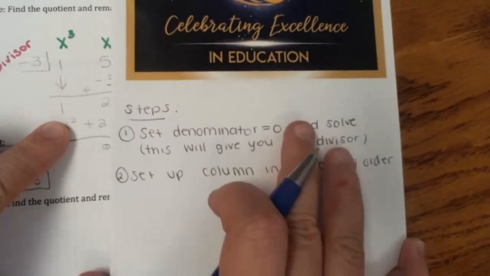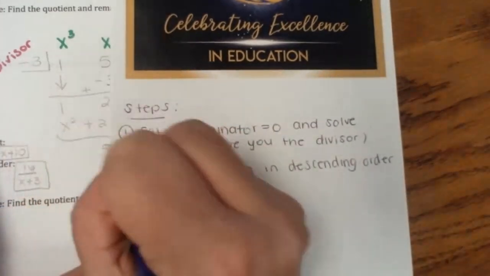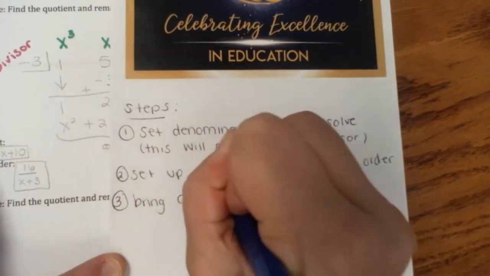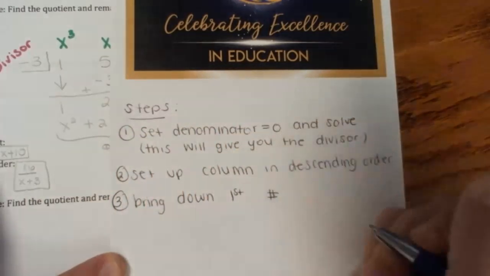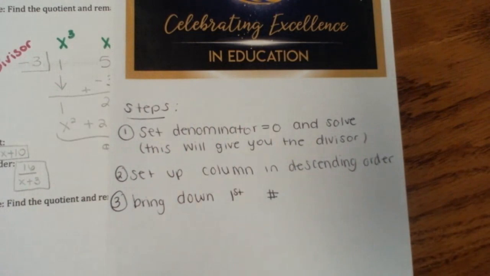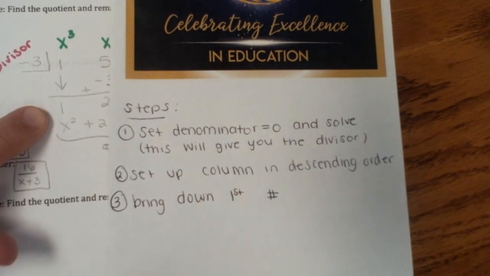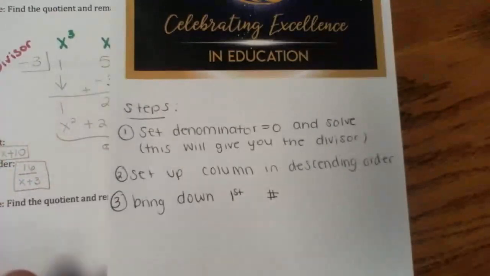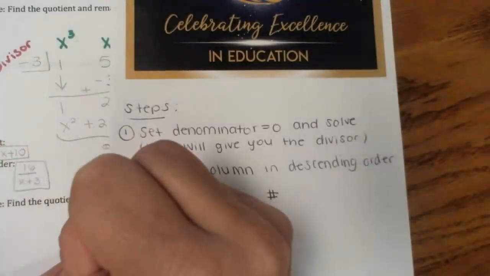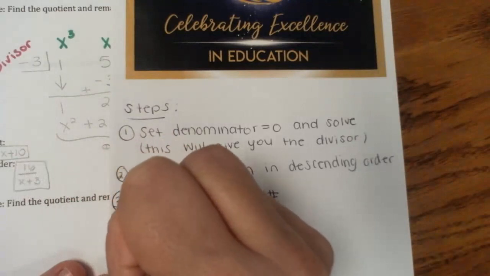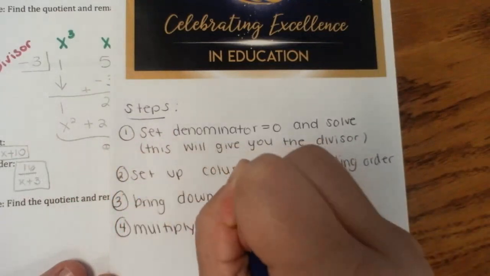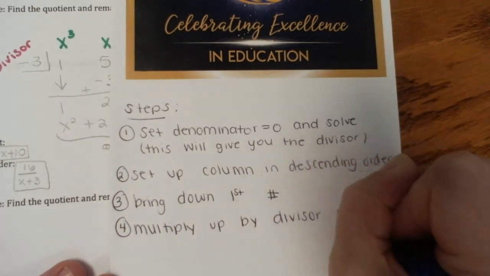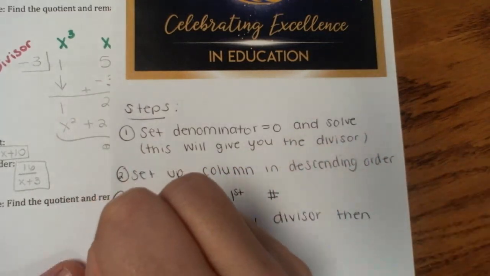Our next step was we brought down this first number. So step 3, bring down that first number. And then once we brought down that number, our pattern can start. Our pattern says multiply up by the divisor, add down. Multiply up by the divisor, add down. So step 4, multiply up by the divisor, then add it down.